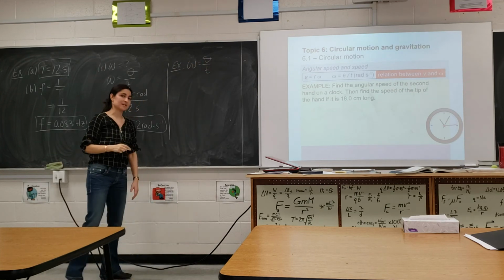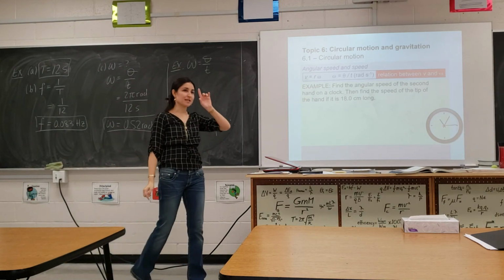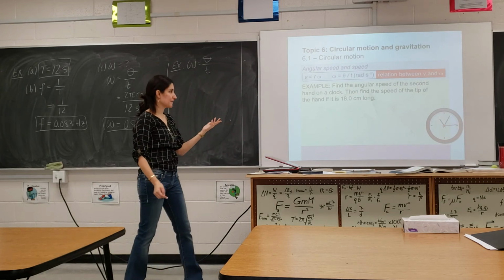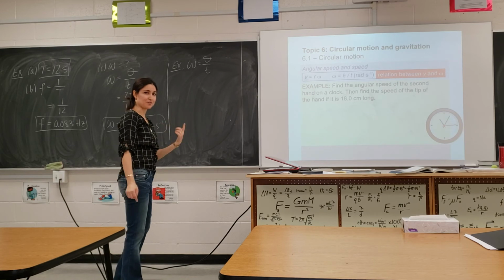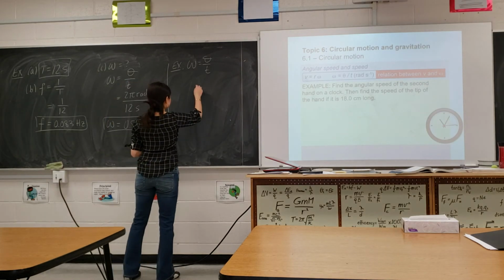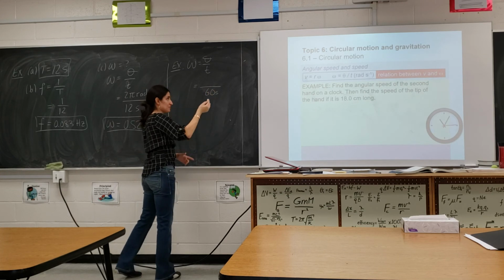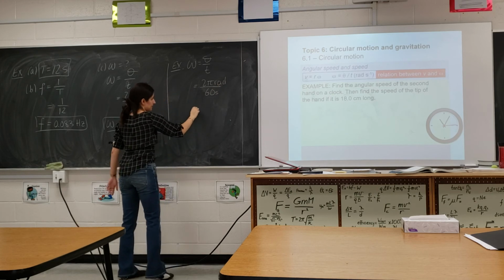All right, we're looking for angular speed. I know angular speed is angular displacement divided by time. If we consider one rotation of the second hand, it'll take 60 seconds for a minute, for it to go through the clock once. So 60 seconds, that's one revolution. That's 2 pi radians.